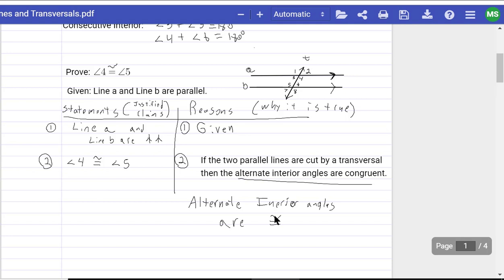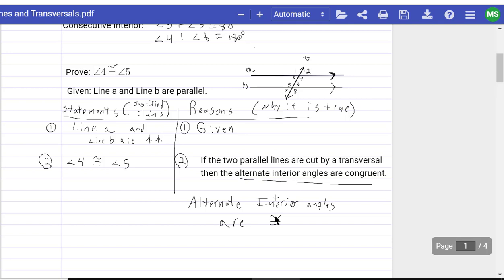As long as we can state, hey, look, this is true because of this. Like, for example, we could say vertical angles are congruent. This is one of those postulates where we don't need to prove that it is true. We already know that alternate interior angles are congruent. We don't need to prove it.